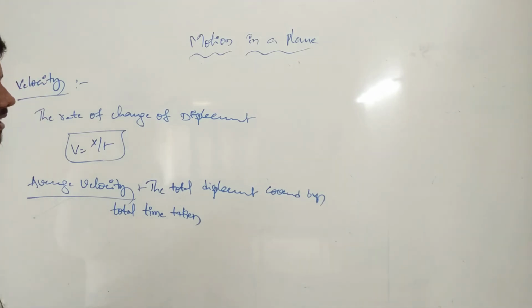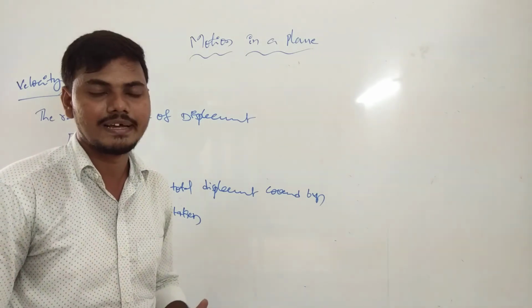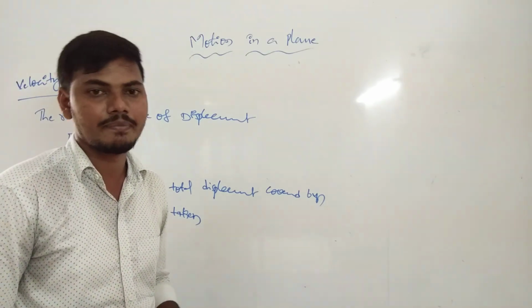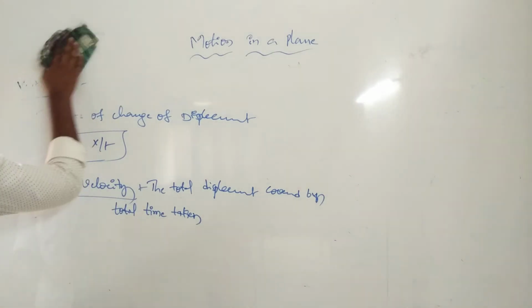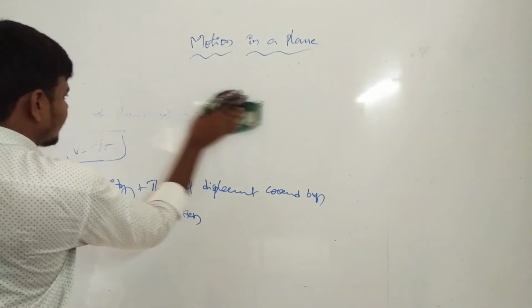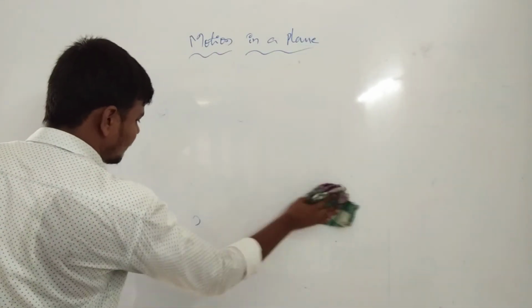Since we are taking average velocity, we are introducing our delta purpose. Now delta v is equal to delta r by delta t. Now what is the equation of velocity?